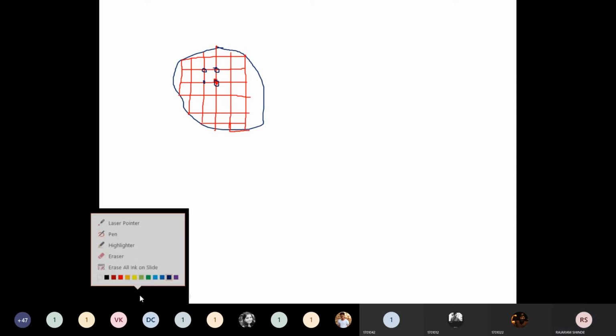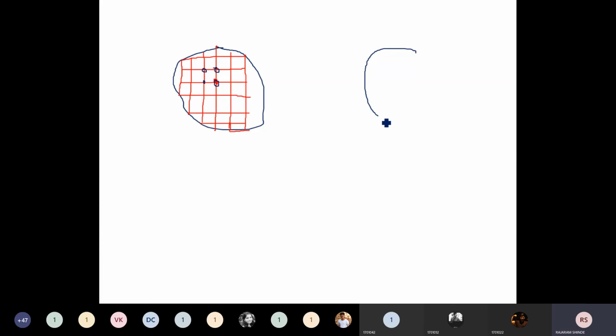Now in the finite element method, what are we doing? We are dividing the same domain into elements and nodes, and the elements are of arbitrary shape. Like this. Okay, I will choose another color. Here the elements are of arbitrary shape. You can see here, these are the elements.